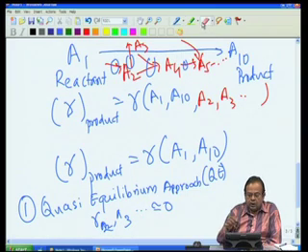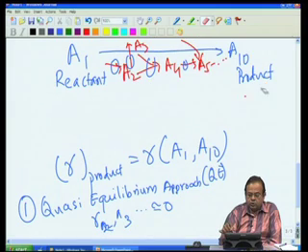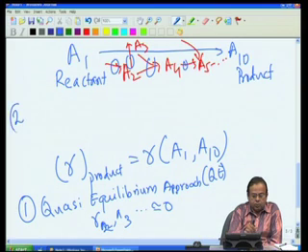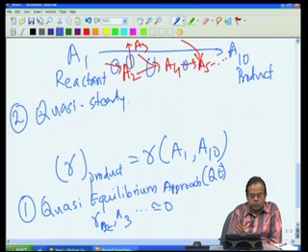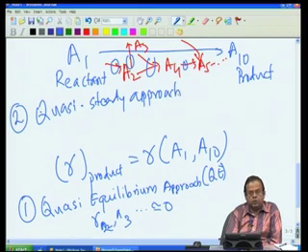What is another approach? The second approach that we use is the quasi steady state approach, or approximation.